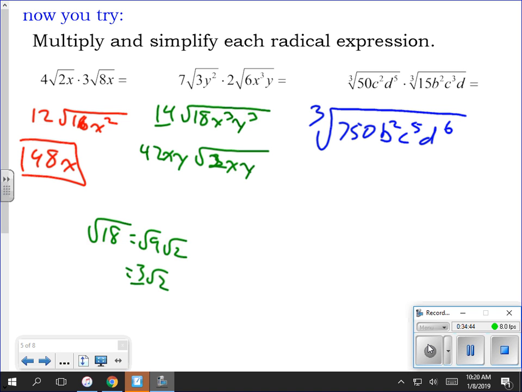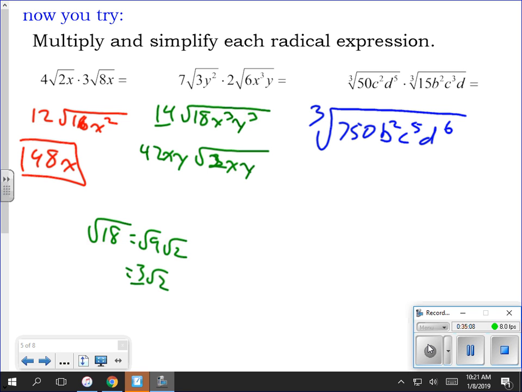Now is one of those divisible by one of these perfect cubes, 125. 125 does go into 750. We don't know how many times. 750 divided by 125 goes in 6 times.